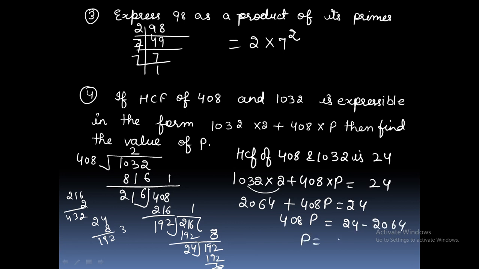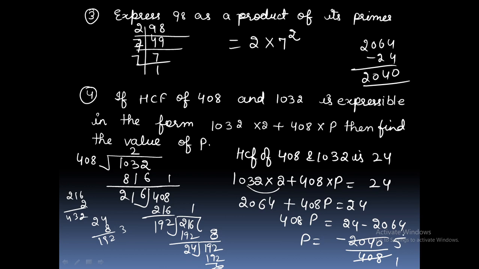P is equal to minus 2040 over 408, and after dividing 2040 by 408 we get 5, so P's value is minus 5.